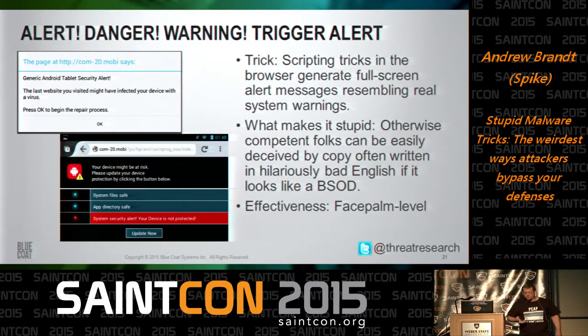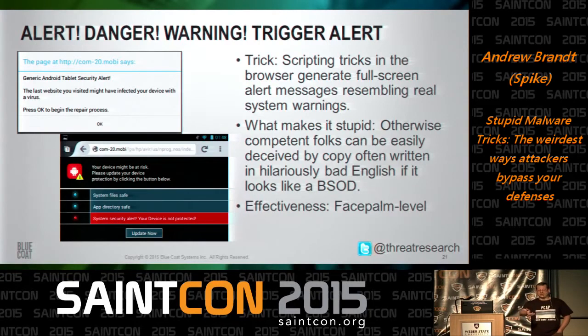I like this mobile one because, in particular, I was visiting a site on a tablet. The tablet's been modified with something called Cyanogen mod. So it was running Android, but it's a custom version of Android. And the user agent string in the browser didn't pass the version of the tablet that was being used up to the web server.